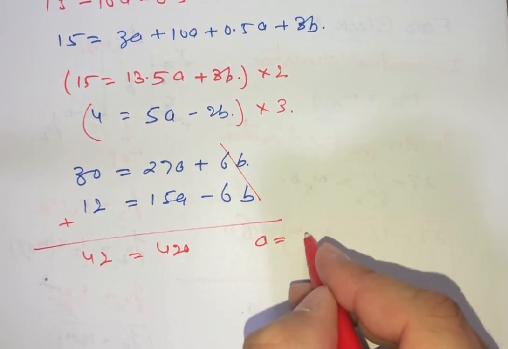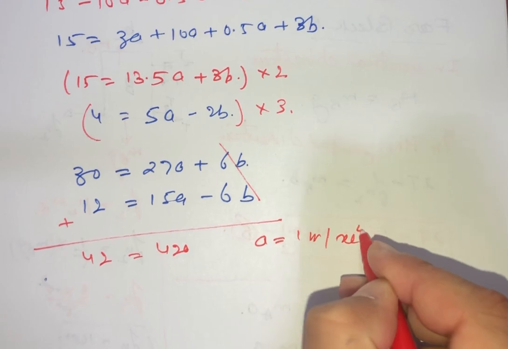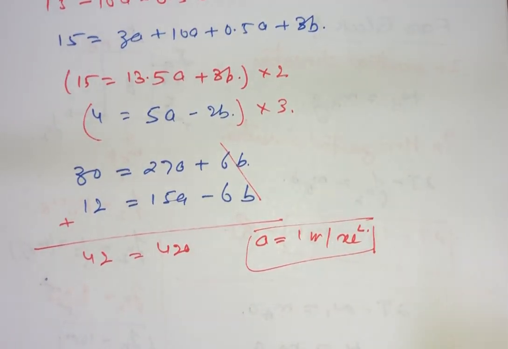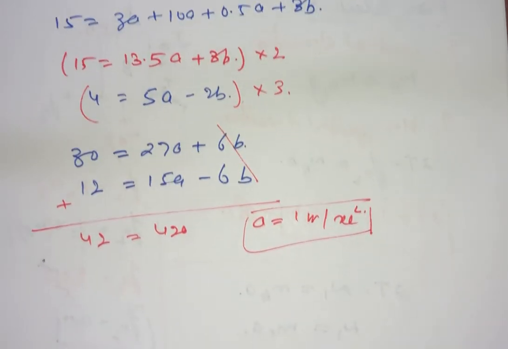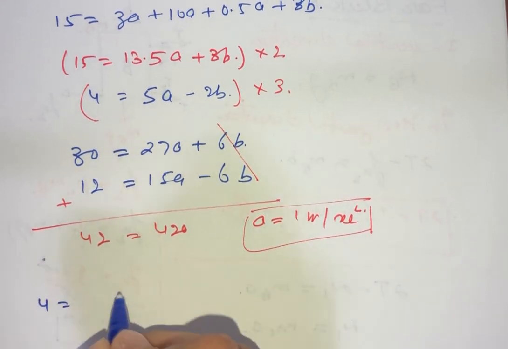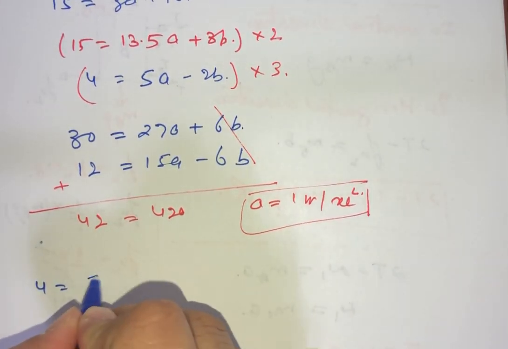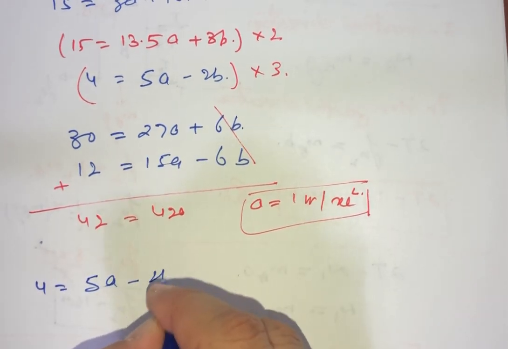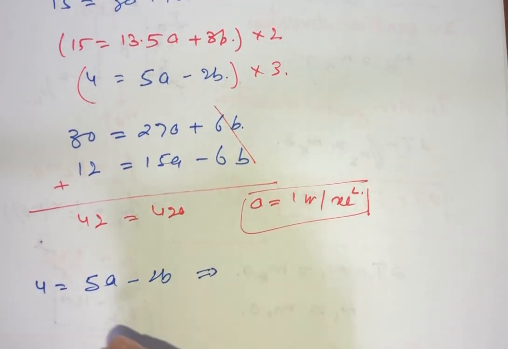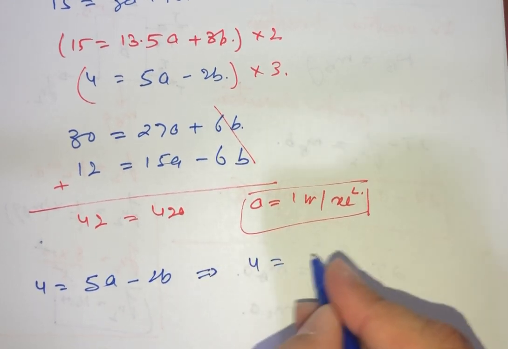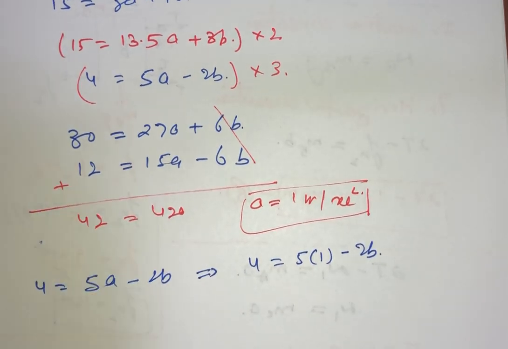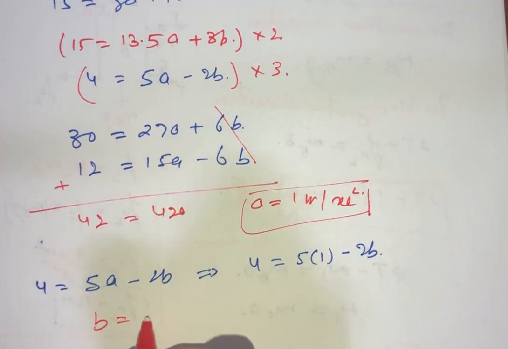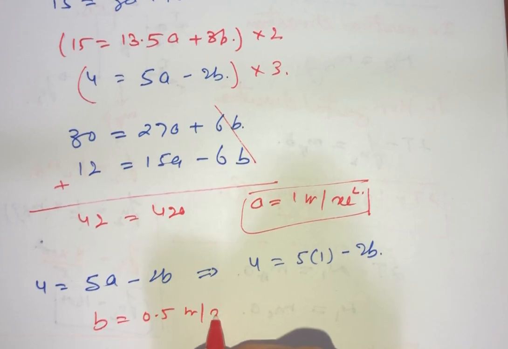So here a will be coming as 1 meter per second square. We already know the relationship between a and b, so we can use this equation. We can say 4 is equal to 5a minus 2b. Substitute the value of a, we get 4 is equal to 5 multiplied by 1 minus 2b, or we can say that b will be equal to 0.5 meter per second square.